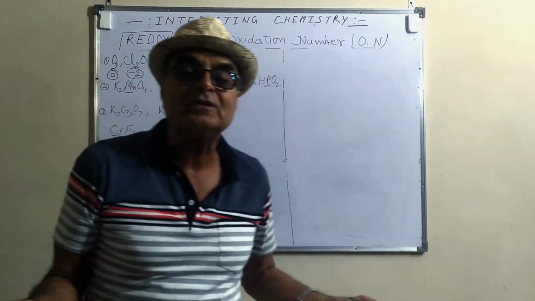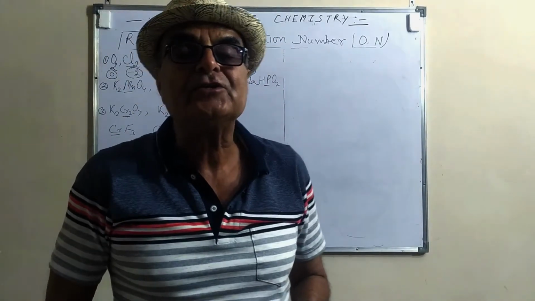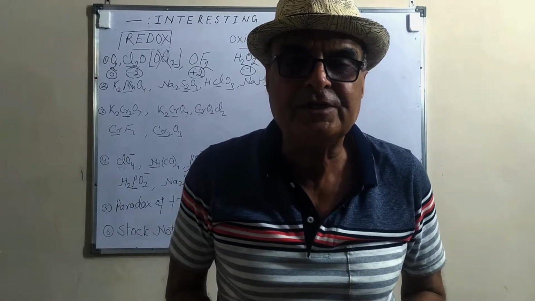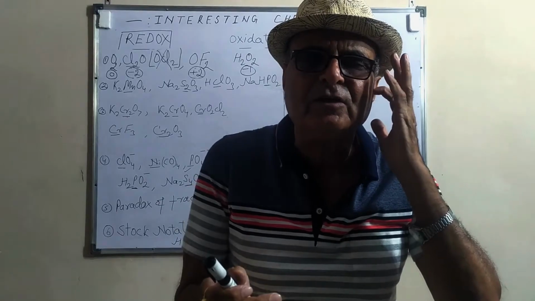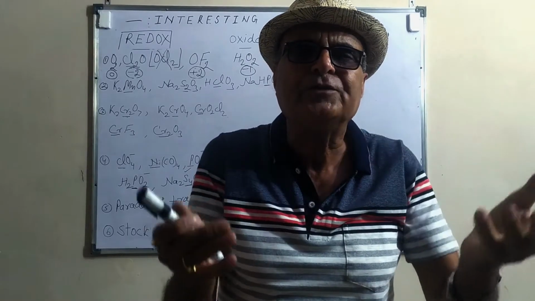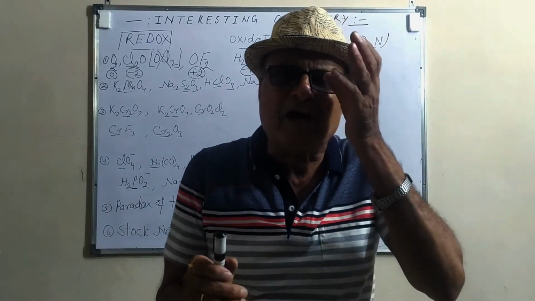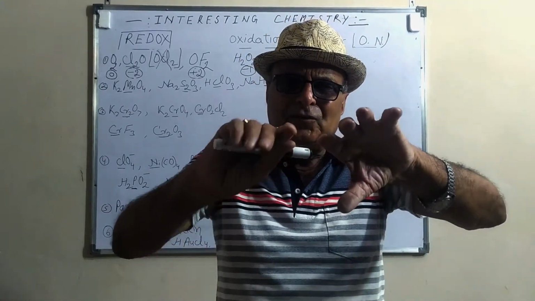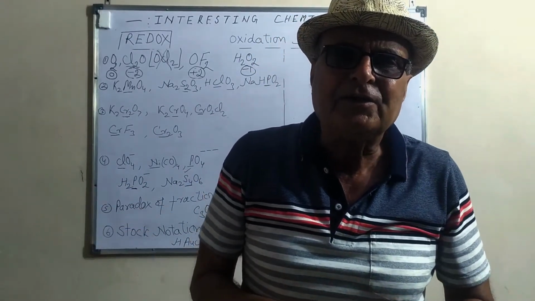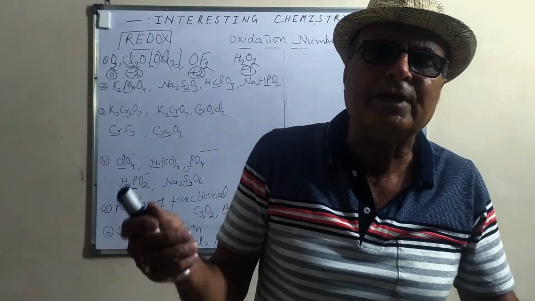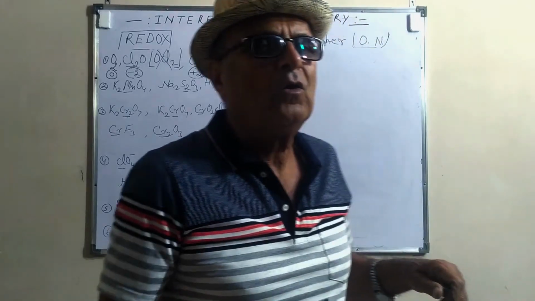You may not know what the Stock notation is. There was a scientist, Alfred Stock, who gave a new notation to write the formulas of the transition elements, because transition elements have different oxidation numbers, a variety of oxidation states. They interchange from 2 to 7, 2 to 8.